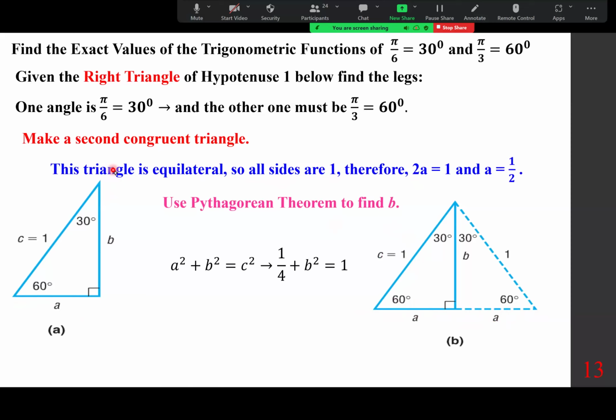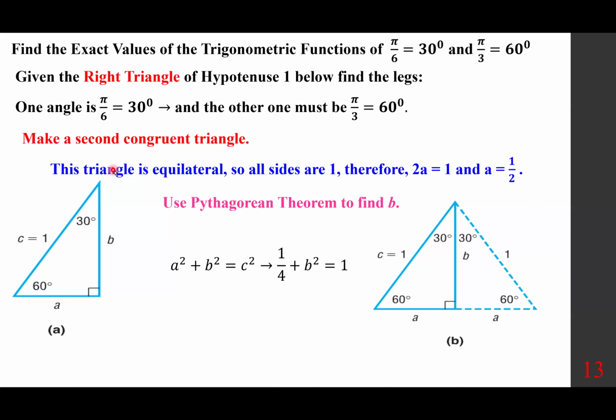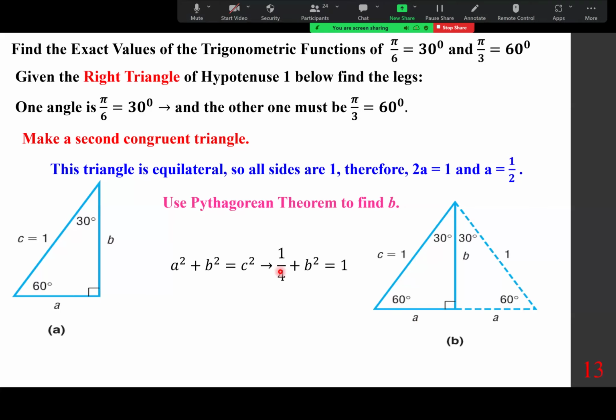And we know A is 1/2, so A squared is 1/4. B we don't know, and we know C is 1, so 1 squared is 1. So B squared is 1 minus 1/4, because 1/2 squared is 1/4.